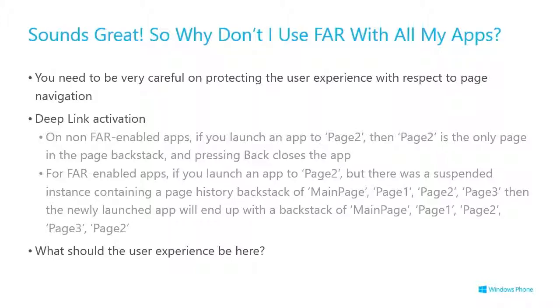But on a fast application resume, the old page history will still be there, page 1, page 2, but then you'll have a new instance of page 1, or main page, on the top, which is the new page that you're going to launch on. So then they hit back, and suddenly end up on page 2, and they might expect something else. Exactly. So you've got to think about the user experience very carefully.